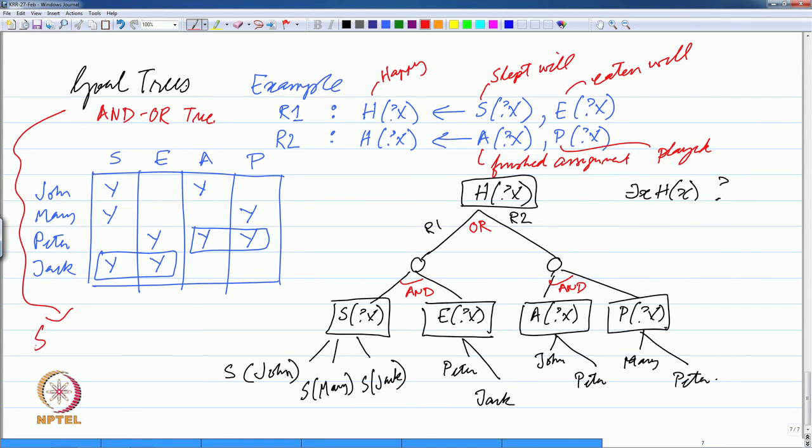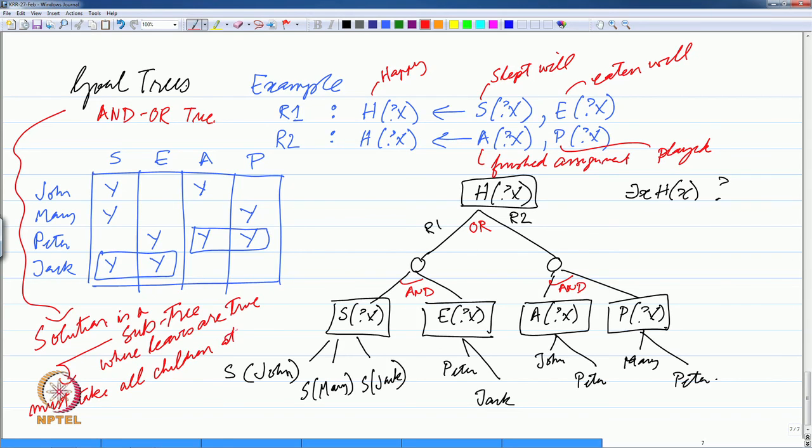The solution of such a goal tree is a subtree where leaves are true, and what is a subtree? Must take all children at AND node.